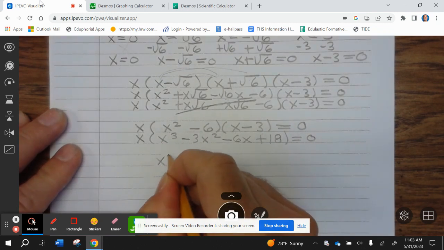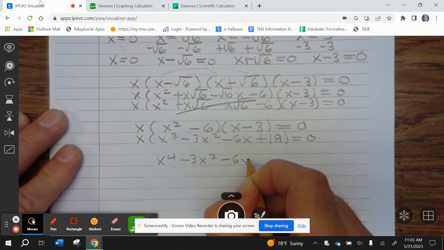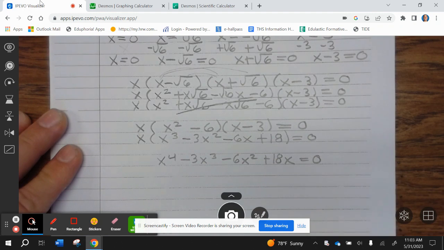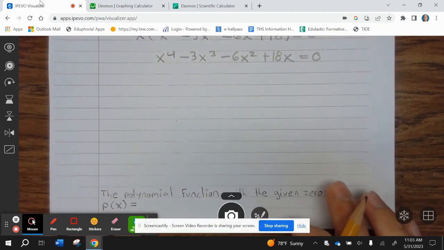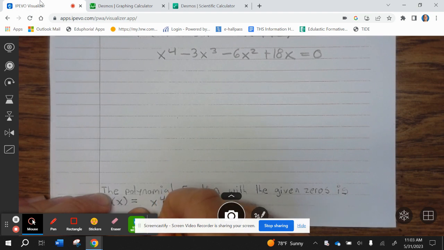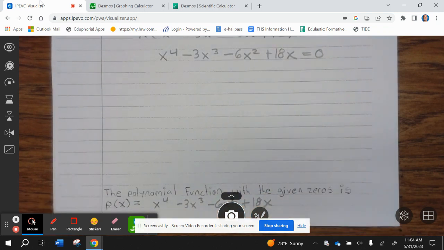So that becomes x to the 4th minus 3x cubed minus 6x squared plus 18x equals 0. So the polynomial function of the given zeros is x to the 4th minus 3x cubed minus 6x squared plus 18x.